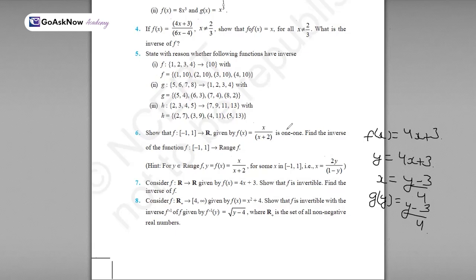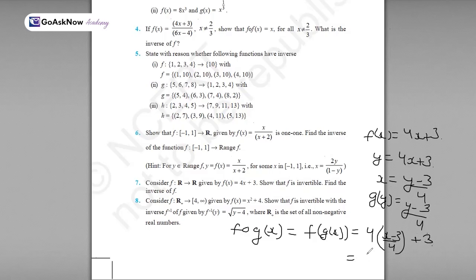Now just find out f o g of x. So f o g of x is f of g of x. So f is 4, and if you substitute g(x) inside it, g(x) becomes x minus 3 by 4. And here plus 3 is already there.